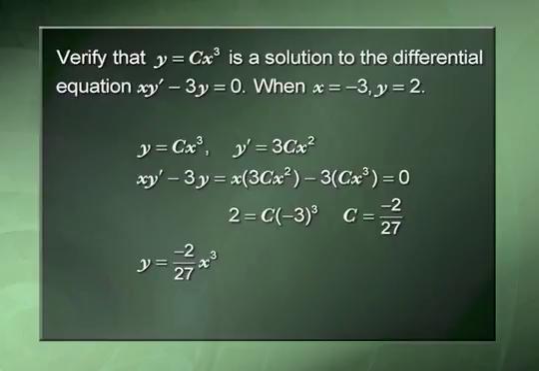Let me be clear about this solution. That function satisfies the differential equation, and it passes through the point minus 3 comma 2. It satisfies the initial condition. It's a unique function that satisfies both the differential equation and the initial condition.